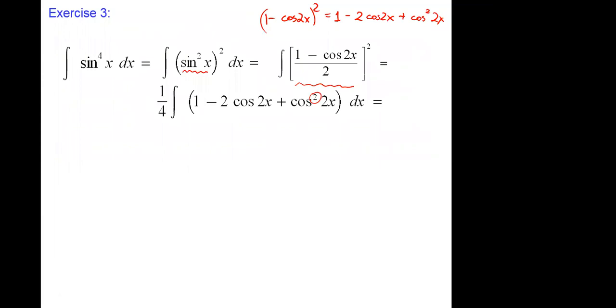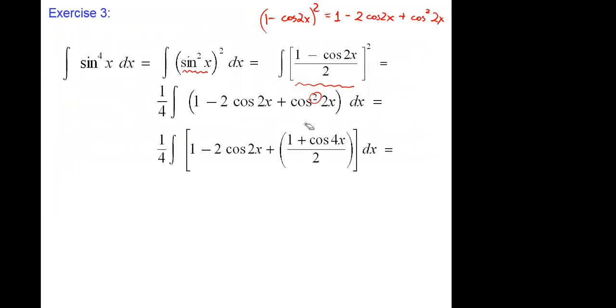Again, I will use the half-angle formula. I copy 1, and for the cosine square of 2x, I use half-angle, and we just recall that if this is 2x, it's half of this. It's the half-angle.